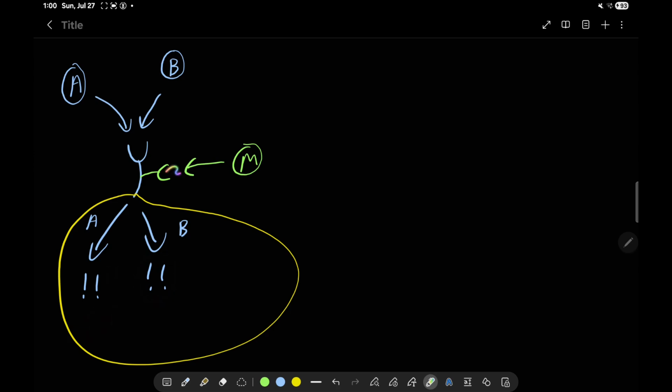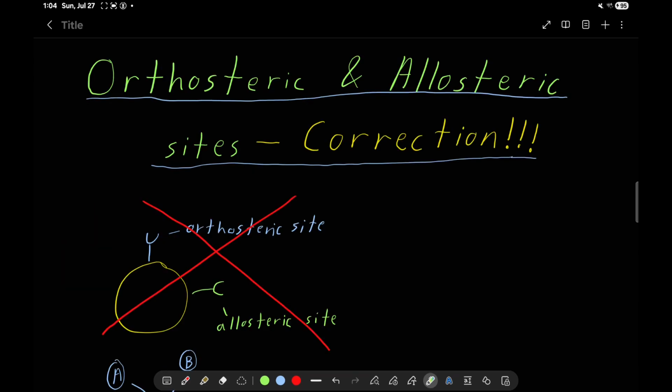Or maybe when the modulator binds to the allosteric site and changes the conformation of your receptor, it changes the conformation of your orthosteric site. Your orthosteric site might now have higher attraction or affinity to one of your agonists over the other. So there's a whole new layer of complexity that arises when you start looking at allosteric modulation. Hopefully this should help clear up my mistakes from my past video.